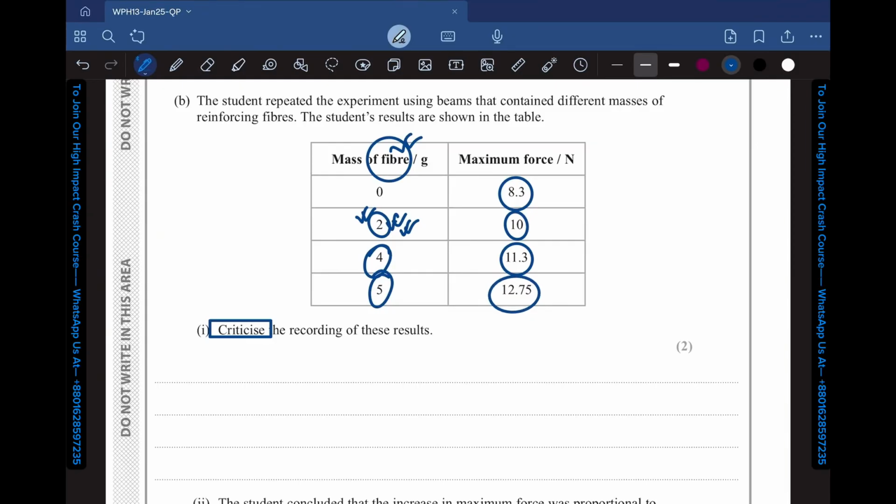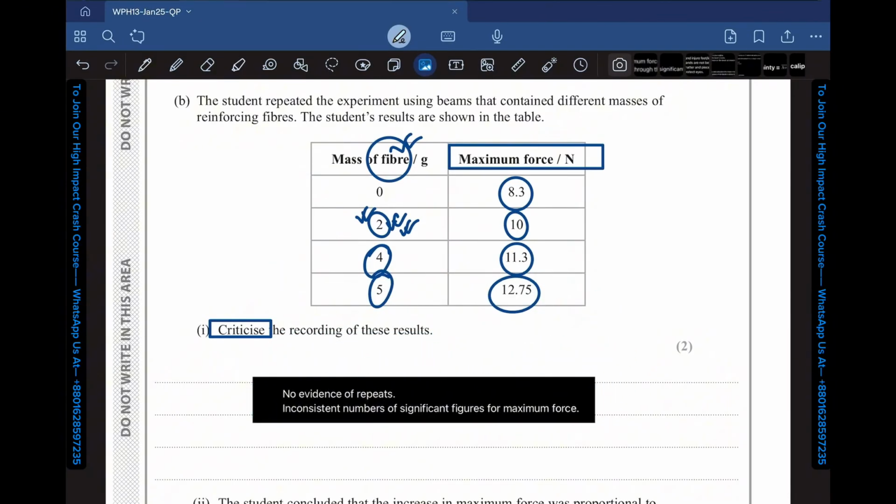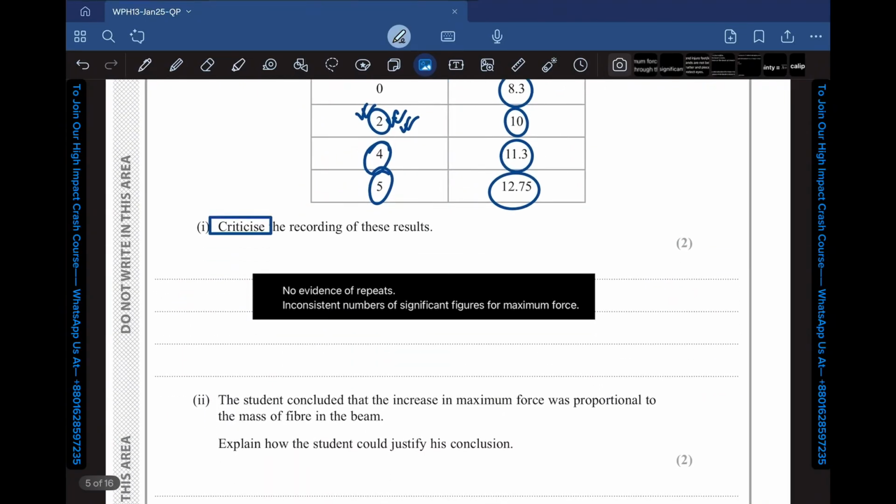So there are inconsistent significant figures, whereas the values should have consistent significant figures. These are the two things that we can criticize, right? So we can write: no evidence of repeats and inconsistent numbers of significant figures for maximum force.